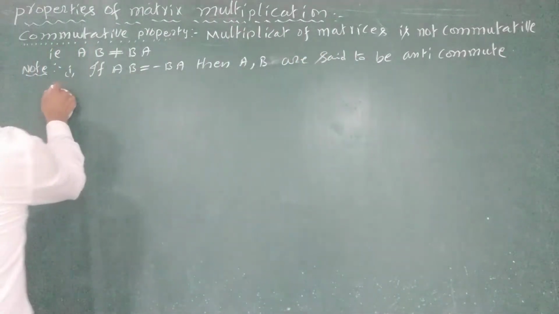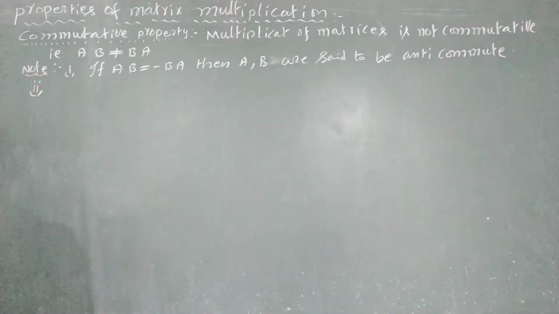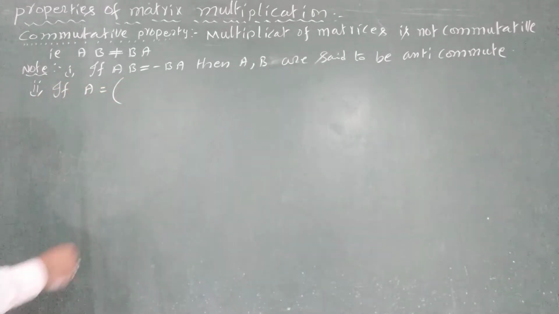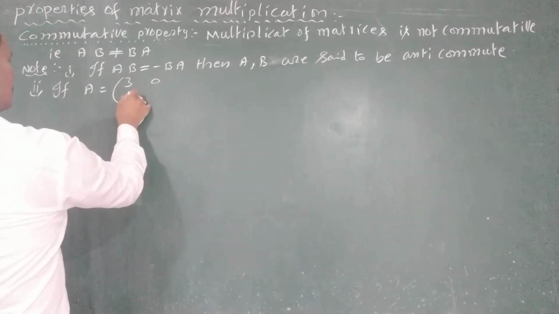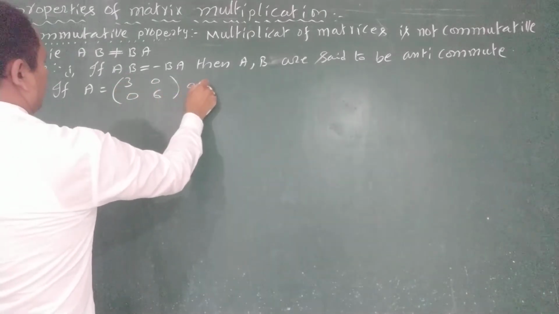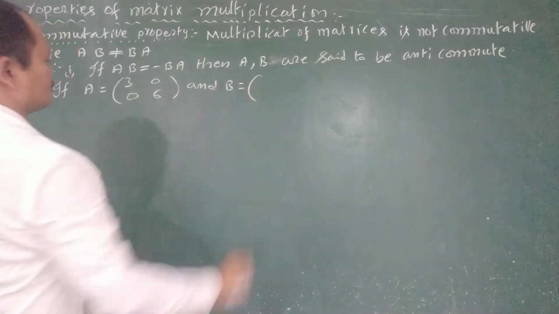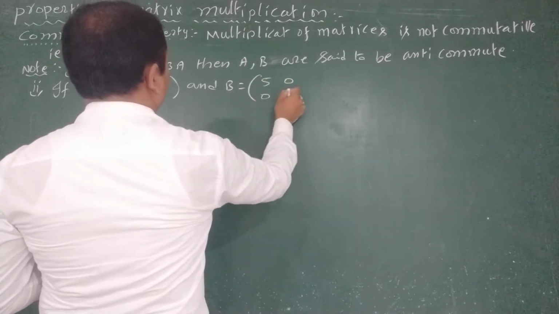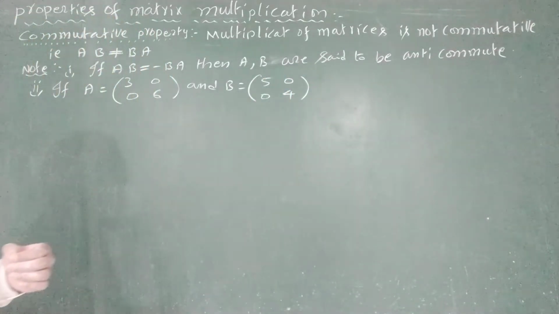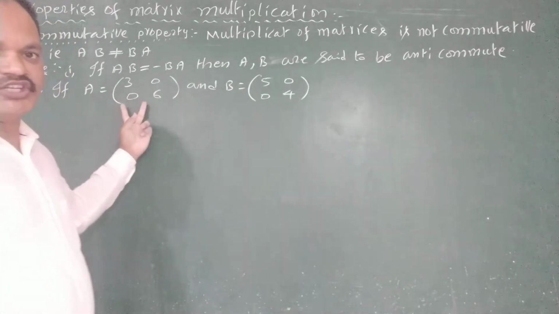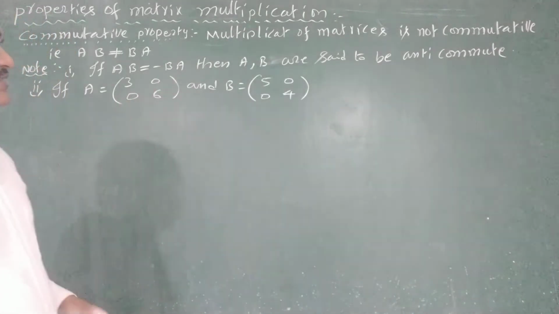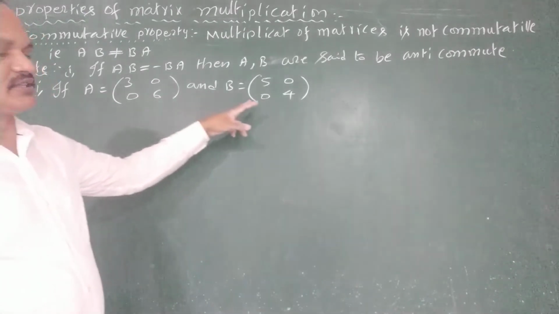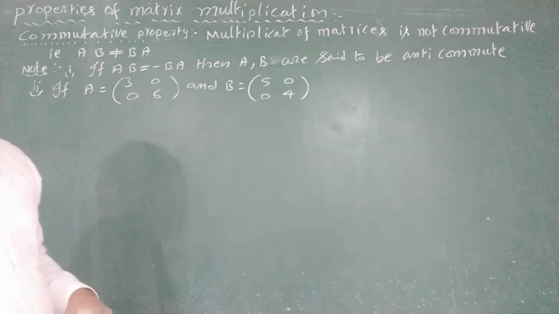Now the second property. If A is equal to [3 0; 0 6] and B is equal to [5 0; 0 4], observe these two matrices represent diagonal matrices of the same order.